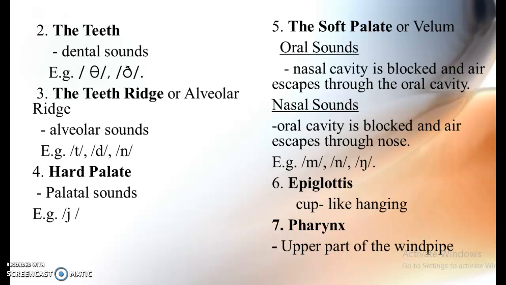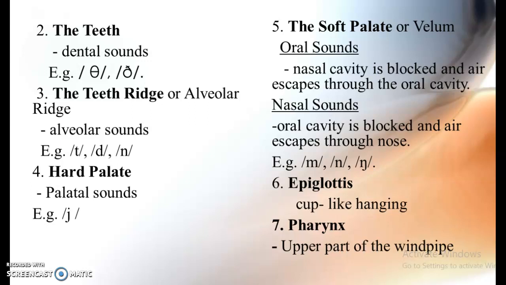Now, the soft palate is also known as velum. The soft palate is the fleshy part seen below the hard palate in the roof of the mouth. The extremity of the soft palate is known as uvula. Now, uvula is not very important as a vocal organ, but it helps us to swallow food.